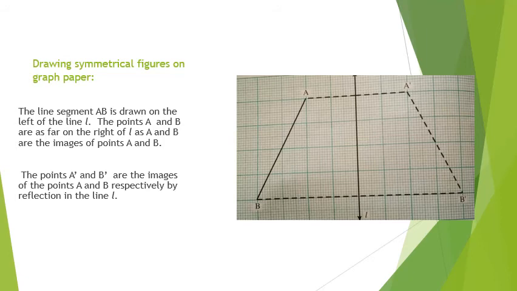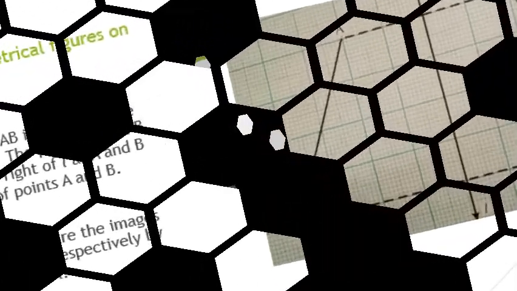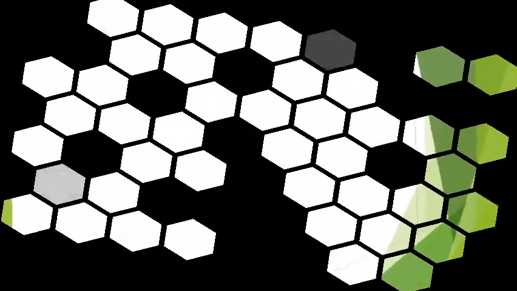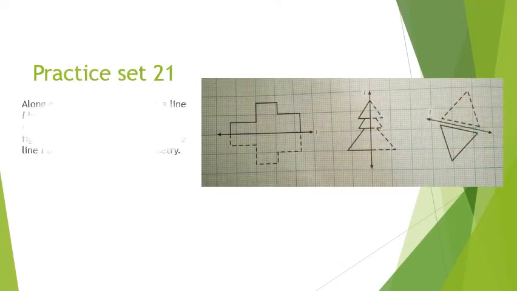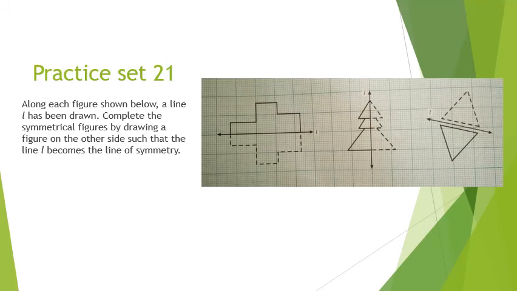So now we will go to practice set 21. Here along each figure shown below a line L has been drawn.